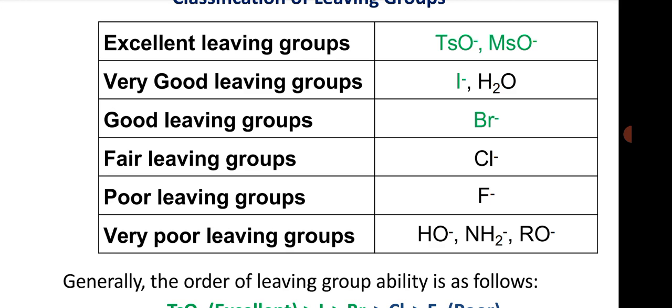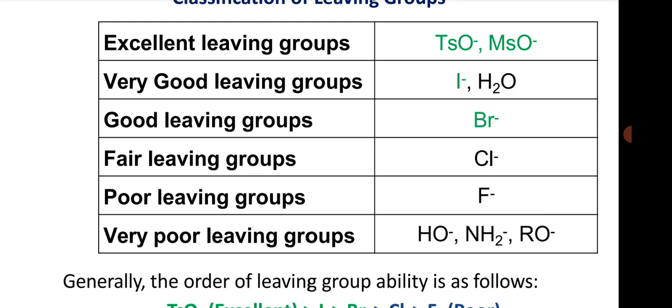Similarly, chlorine lies above bromine, and the chlorine size is smaller than bromine, so it lies in the category of fair. And fluorine is very poor because of its small size.